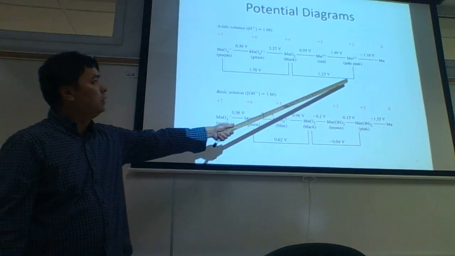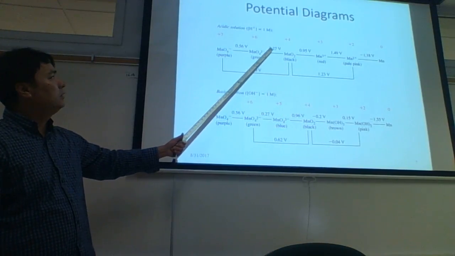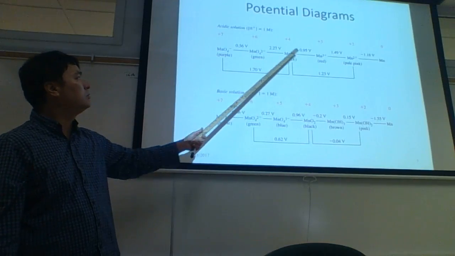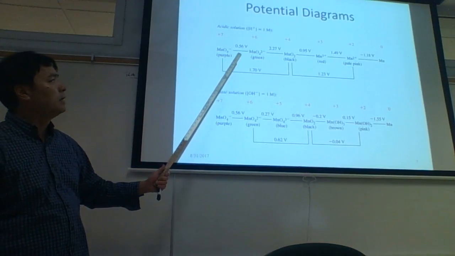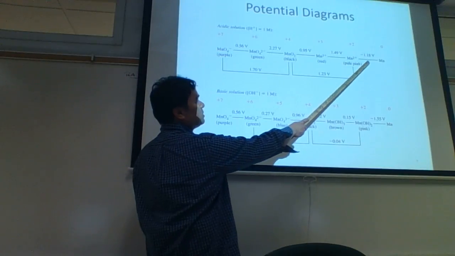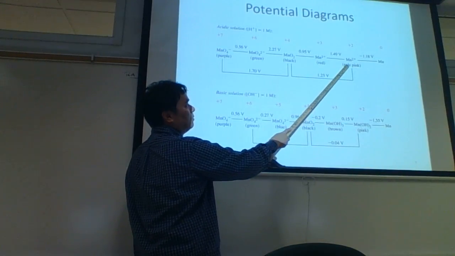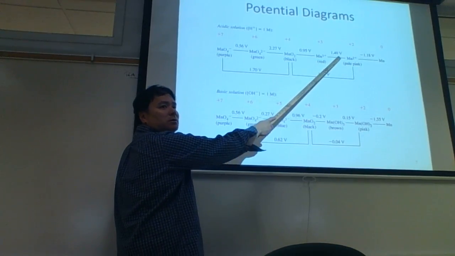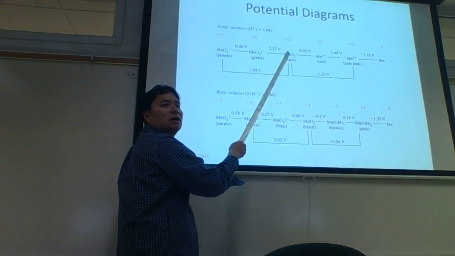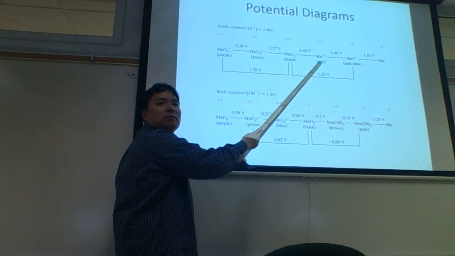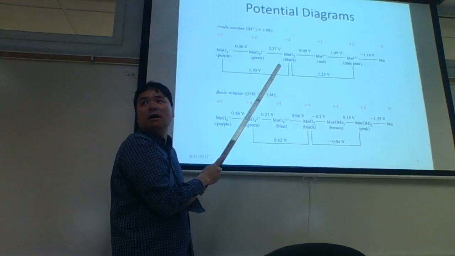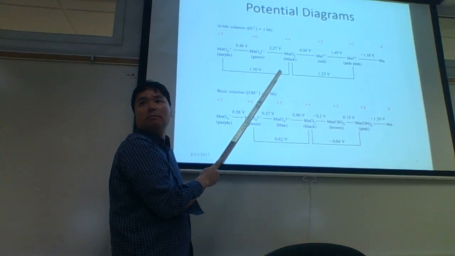But you need a pretty powerful oxidizer to go all the way to permanganate. If you just have a weak oxidizer, it might just take it to manganese 2 plus, or a little stronger to manganese 3 plus. So it depends on the strength of the oxidizer. You can partially oxidize it, or you can completely oxidize it, depending on what you mix it with.